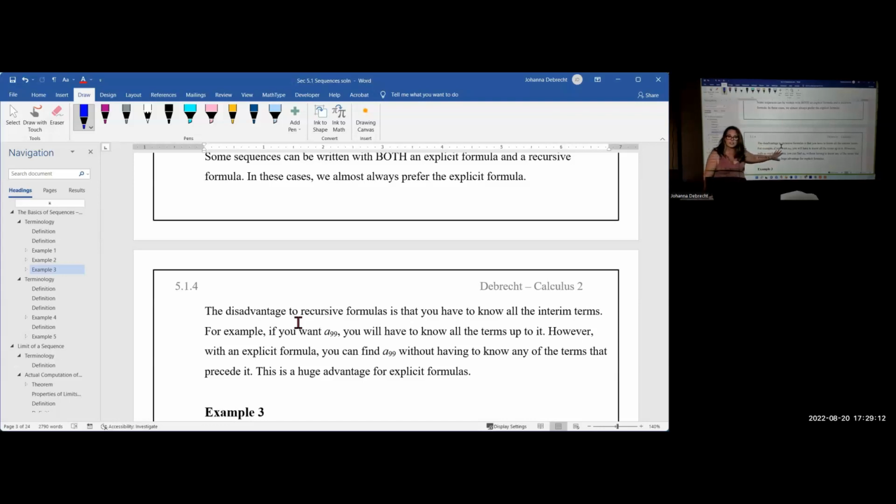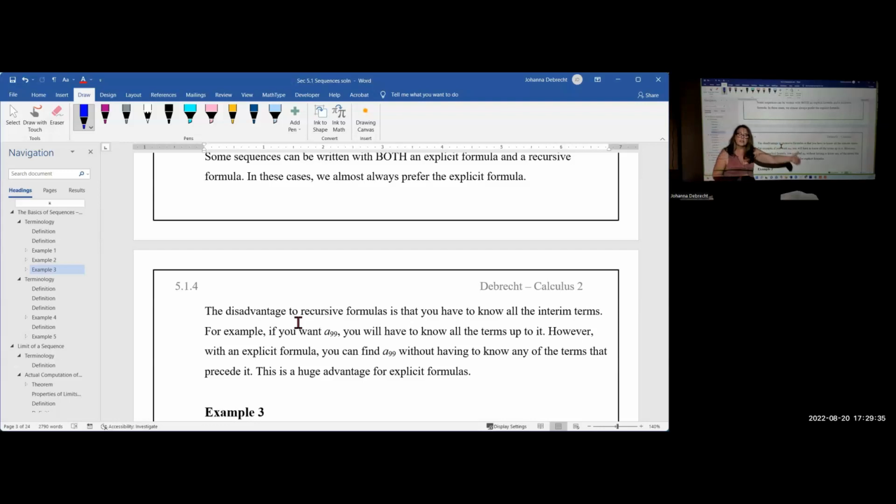What's the disadvantage to the recursive ones? Well, the disadvantage to the recursive ones is you have to know all the ones that preceded it to know the next one. So if I want A sub 99, then I have to know all the ones from 1 all the way up to 98. Or if I was starting at 0, from 0 up to 98.